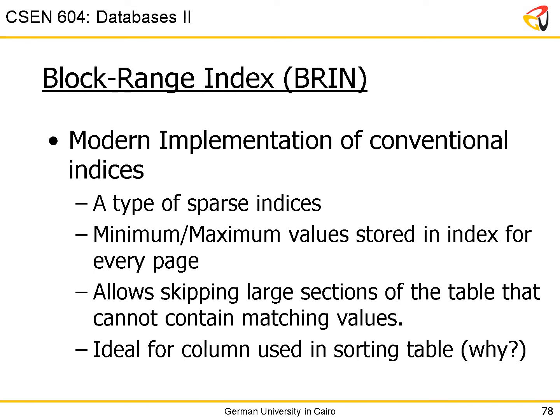Now, this is called a block range index. So I want you to remember that it is really very useful when it comes to working with ranges. Okay? Generally, a BRIN index is nothing but a sparse index, but a different sparse index than what we have seen before. But it's a type of sparse index. Okay? What's unique about it, what's different about it, is that even though it's a sparse index, we're not going to maintain a single value, we're going to maintain ranges of values.